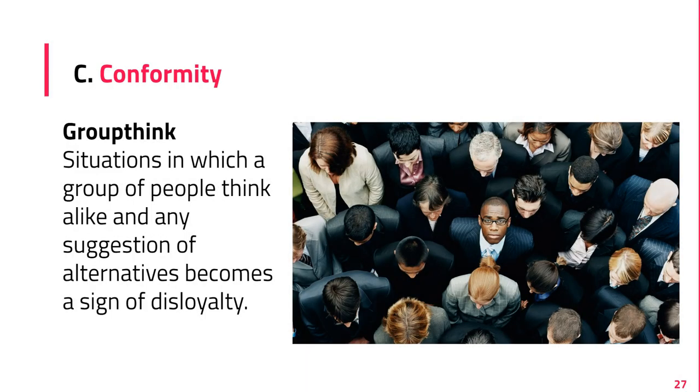A related topic to conformity is groupthink. This is a situation in which a group of people think alike, and any suggestion of alternatives becomes a sign of disloyalty. As you can see, the Asch and Milgram experiments demonstrate how groupthink can develop.